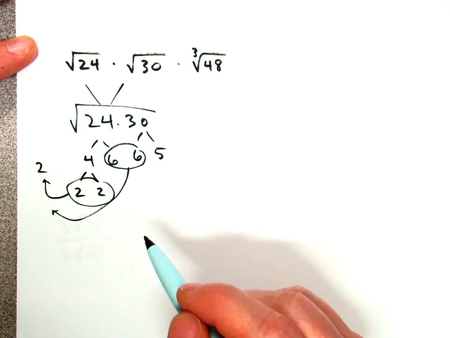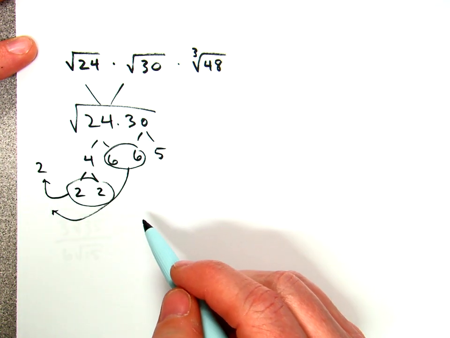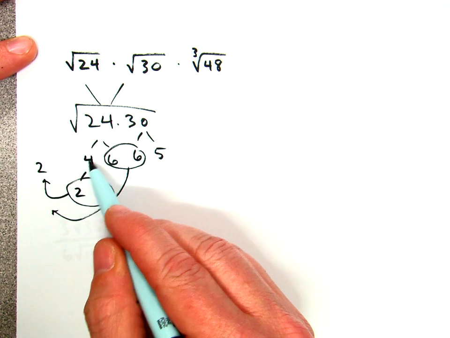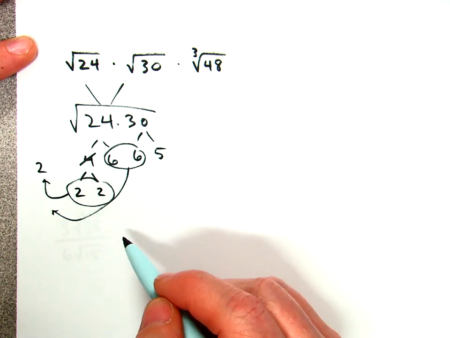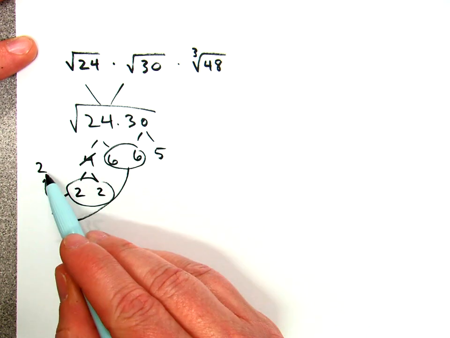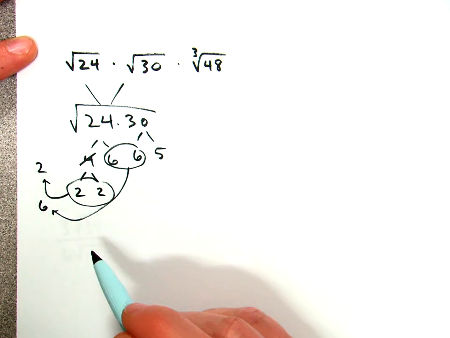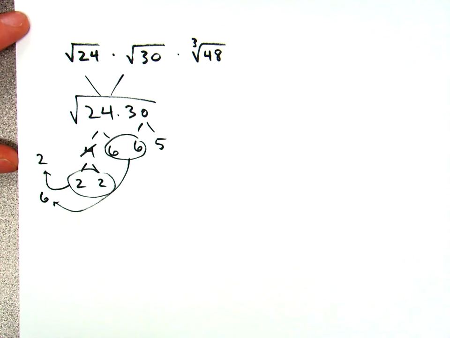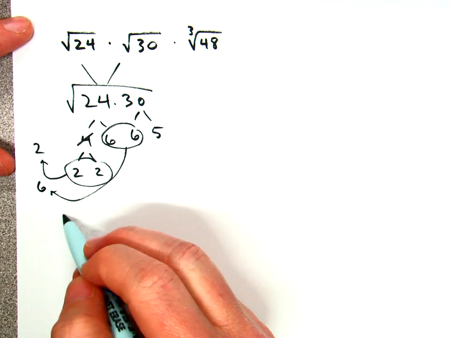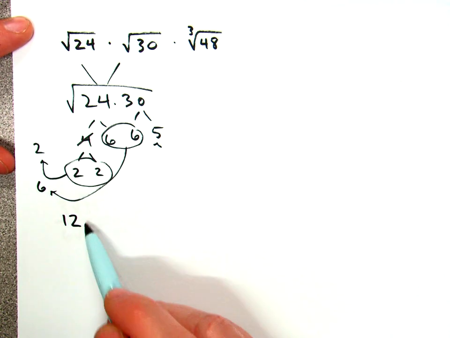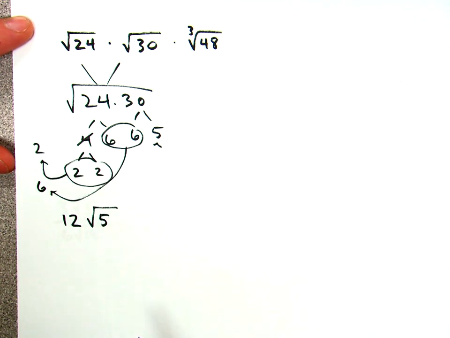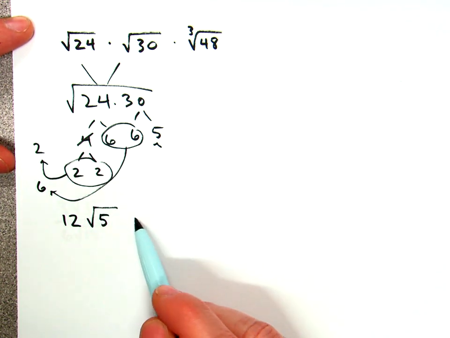I can pull a 6 out, right? I don't have a 4 because the 4 broke down into 2s, right? So I got a 2 on the outside and a 6 on the outside. So 2 times 6 is 12, right? And then don't forget the 5. He's still hanging out underneath the root, right?